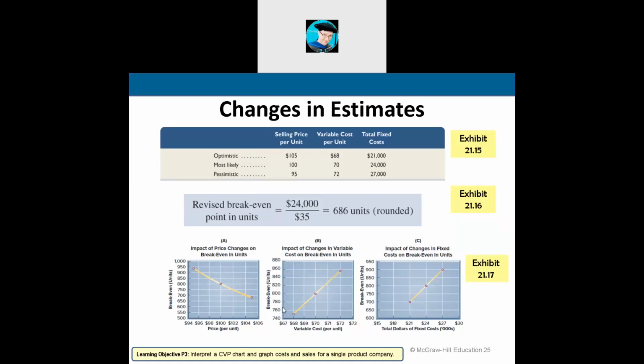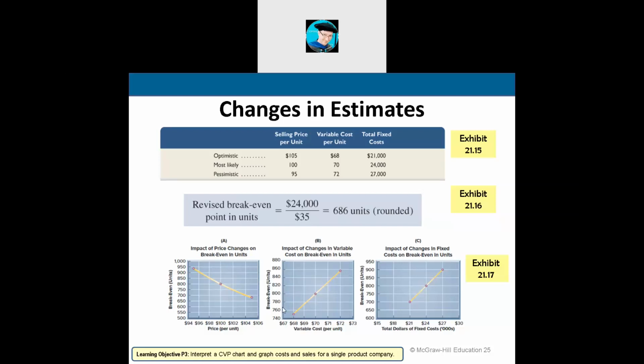Okay, now, earlier, very early on, when we talked about cost behavior, I had said the sales price might change. It might go up or down. I could put it on sale, or I can charge some more. When I change my sales price, that means I need to sell more or sell less, depending on what I do to my sales price. The same is also true if there's a change in the variable cost per unit.